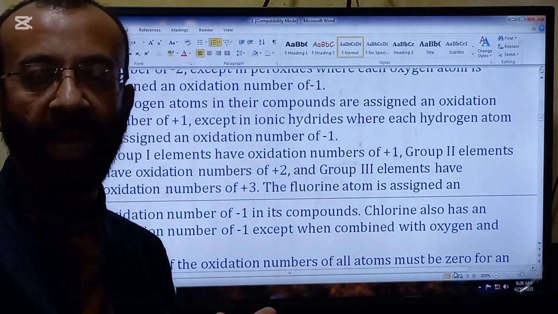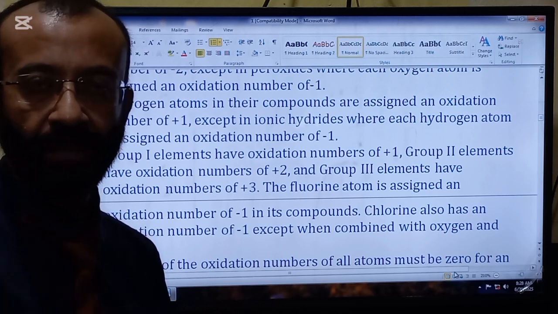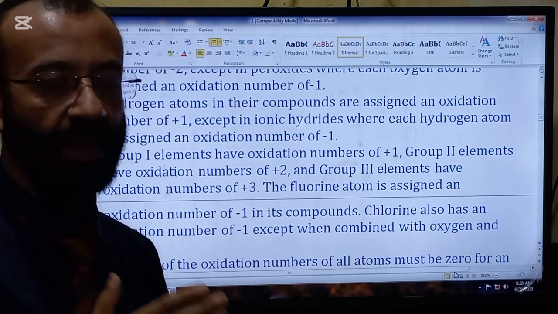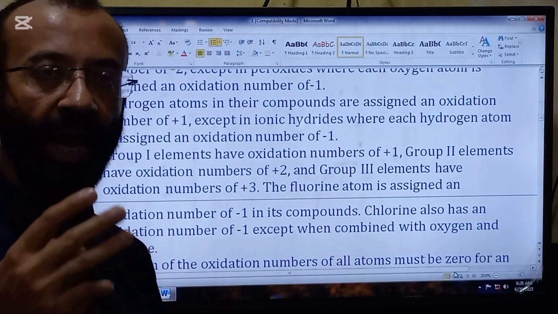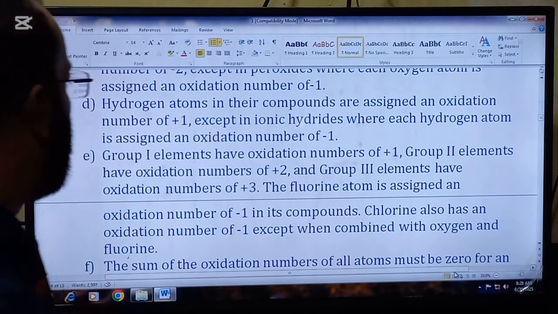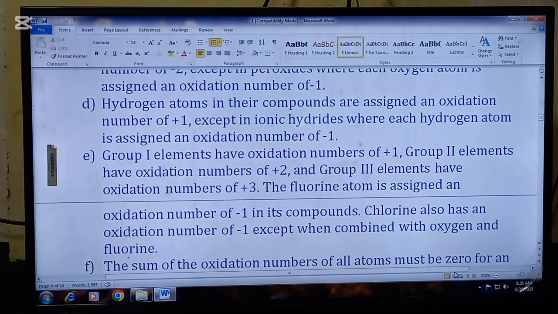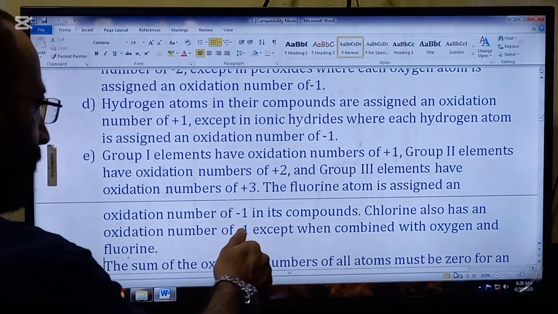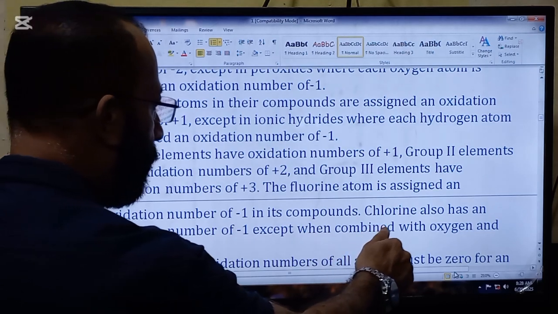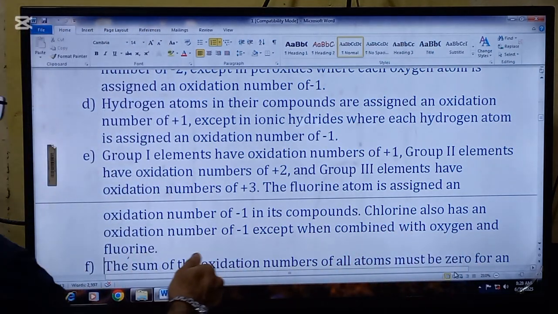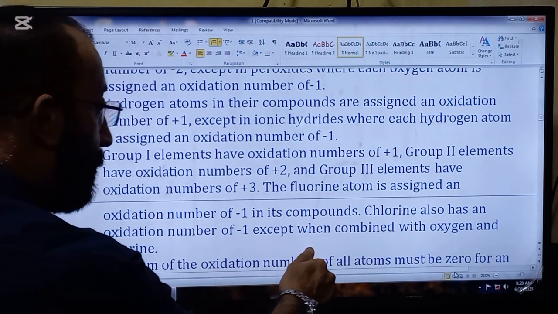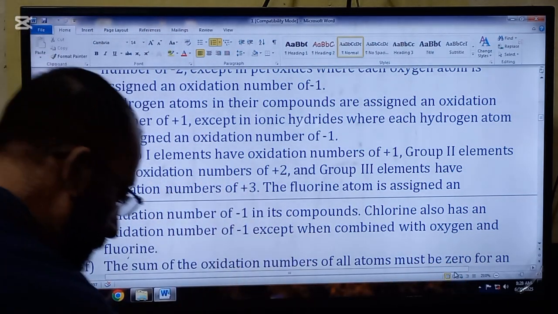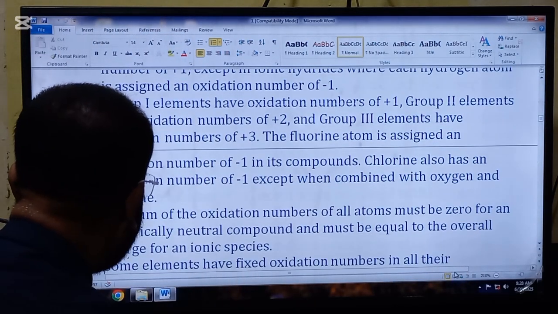Group 1 elements will have oxidation number of +1, group 2 will have +2, and all the elements in group 3 will have oxidation number of +3. The fluorine atom is assigned an oxidation number of -1 in its compounds. Chlorine also has an oxidation number of -1, except when combined with oxygen and fluorine. So this is the rule.